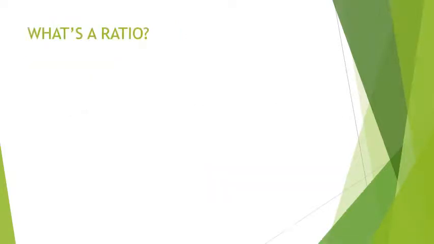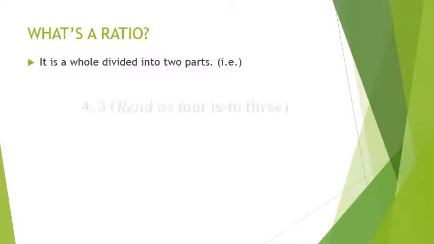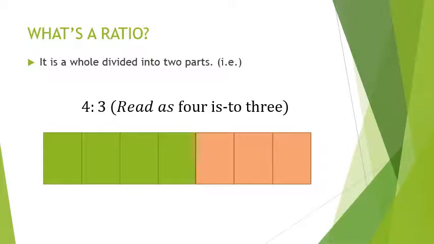But now talking about a ratio, a ratio is a whole divided into 2 parts. They necessarily need not be equal. The example shown here is 4:3. In this case 4 parts are colored green and 3 parts are colored orange.